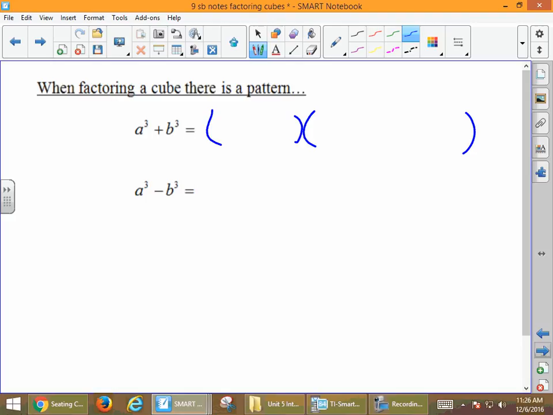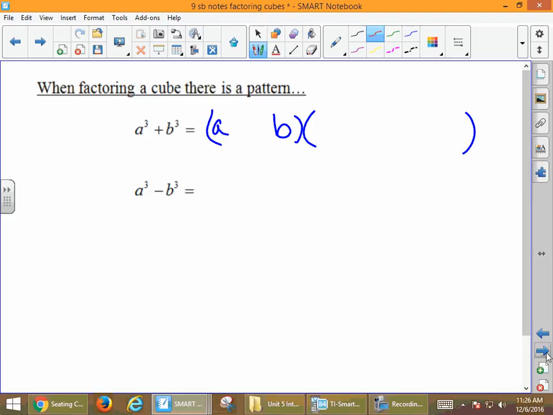And when we factor this, what we do is take the cube root of a cubed, which is a, a times a times a, and the cube root of b cubed, b times b times b. And then there's this method that I found a few years back called SOAP.